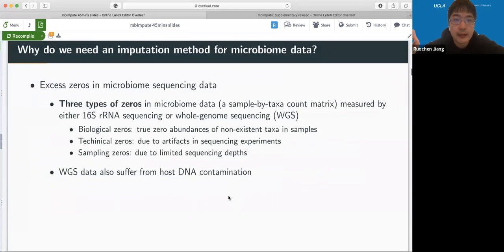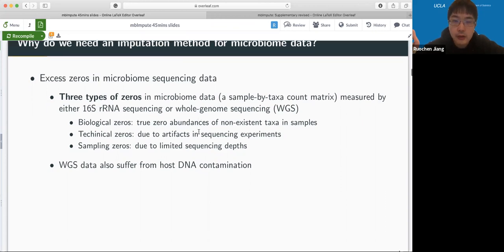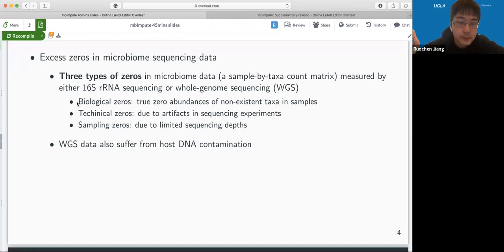So why do we need an imputation method for microbiome data? There are actually a lot of zeros in microbiome sequencing data. There are 3 types of zeros in 16S rRNA sequencing and whole genome sequencing. I think previous talks have already introduced single cell sequencing, so maybe you already have some knowledge about what sequencing is.